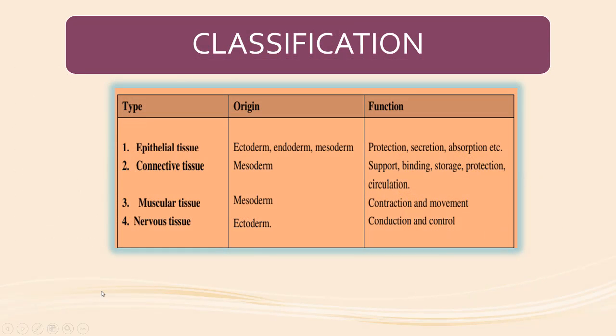Now classification, on the basis of the major types of tissues present in our body. First is the epithelial tissue. Epithelial tissue is ectodermal in origin, or maybe endodermal, or maybe mesodermal.